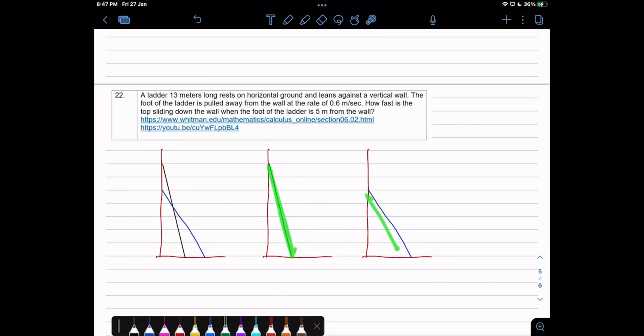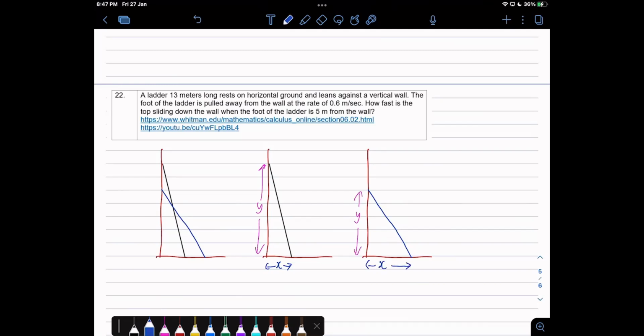So you start from here, you turn into this. So what's really going on is that there's a y here, there's an x here, where y represents this vertical length, and the x over here represents the horizontal length. Then as you slide down, the y decreases. It's a new y. And as it slides down, the x increases. There's a new x.